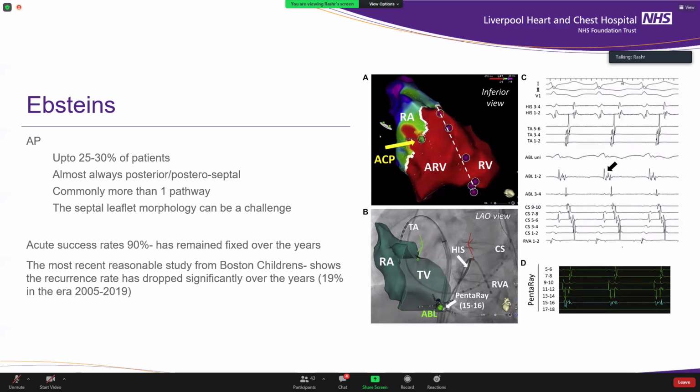You can see some nice pictures here, I think from a Japanese group, where you can show the accessory pathway and the early signals quite nicely on the Carto map. I think the Carto map gives you a feel for just how abnormally placed everything is. There's a nice overlay picture here. And certainly I've struggled in the past to identify everything via standard catheters alone.